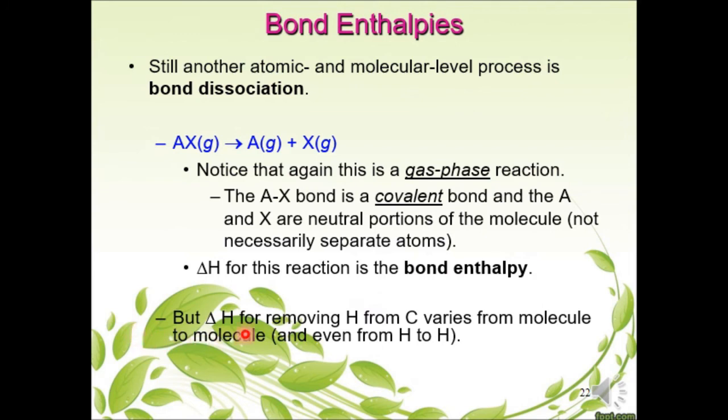So the enthalpy change for removing hydrogen from carbon varies from molecule to molecule, and even from H to H. Let's say if you separate H from C, you get a different value than if you separate H from N, for example.